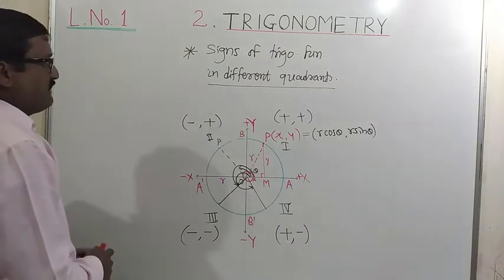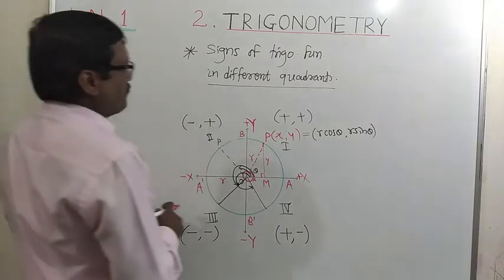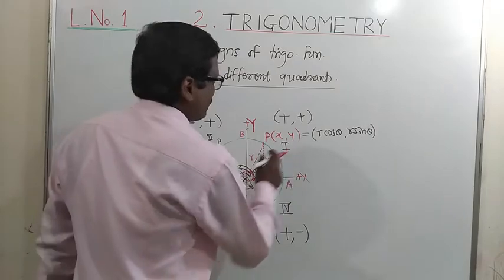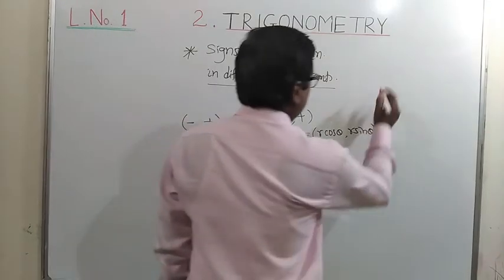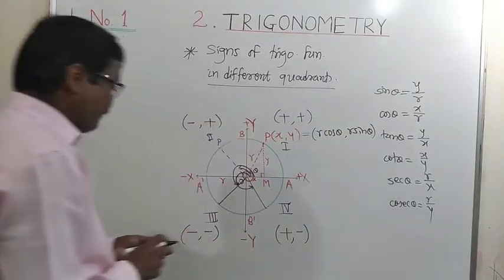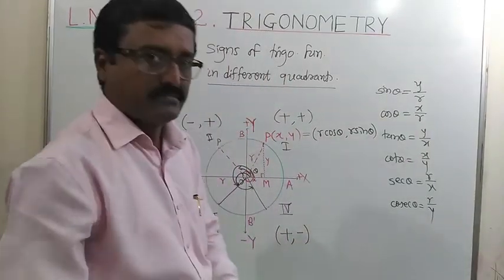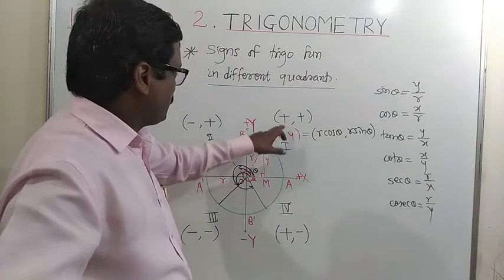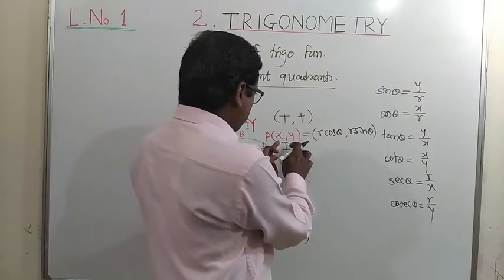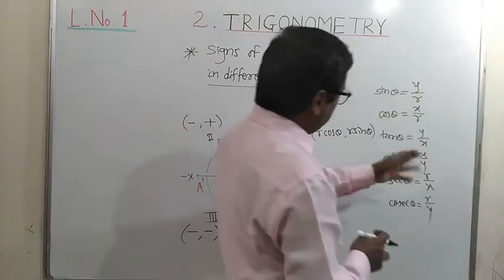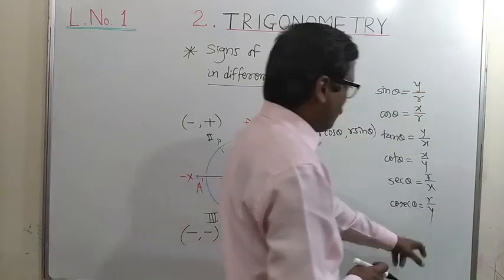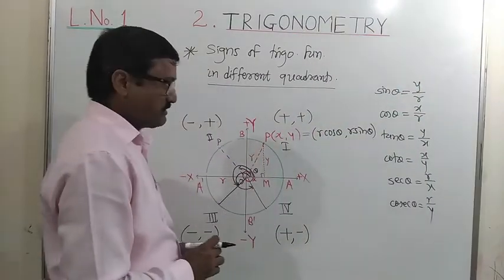Now let us see the trigonometric functions in these quadrants. As r is the radius of the circle, it is always positive. So in the first quadrant, as both x and y are positive and r is positive, all these trigonometric ratios are positive in the first quadrant.